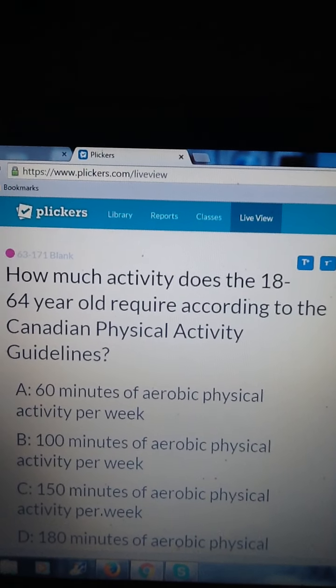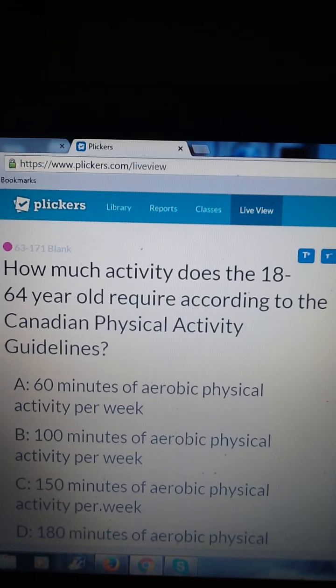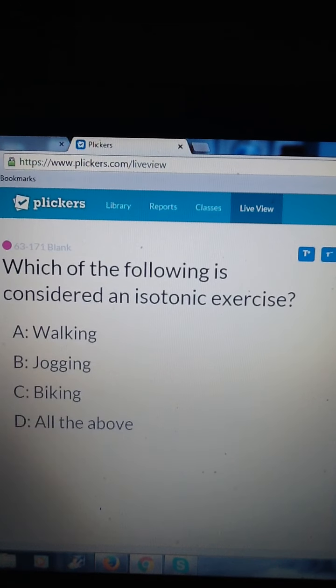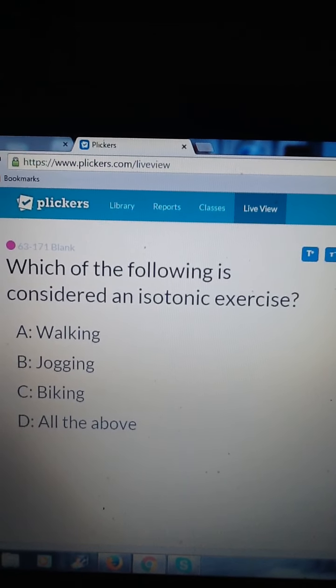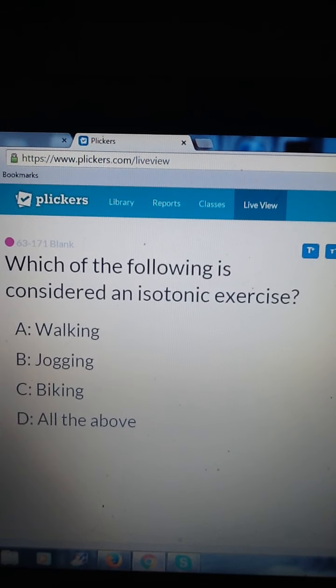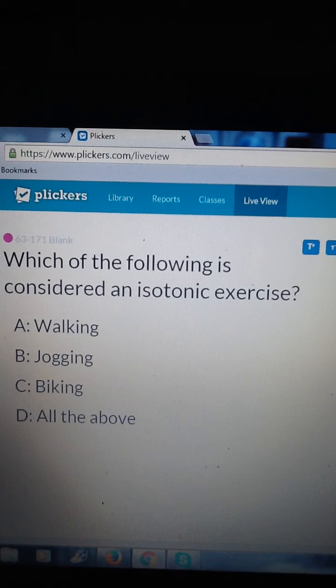The answer here is C, 150 minutes per week. Which of the following is considered an isotonic exercise? Is it walking, jogging, biking, or all of the above? And the answer is D, all of the above.